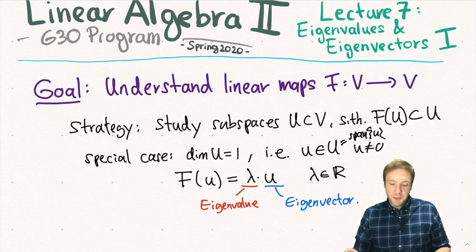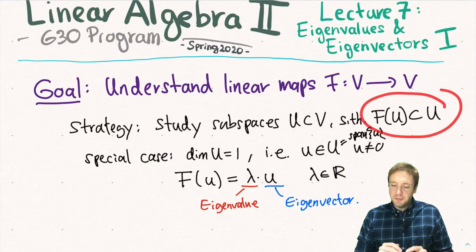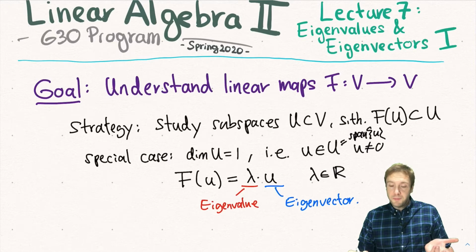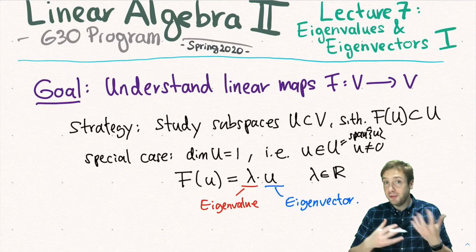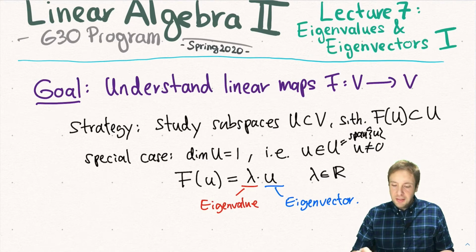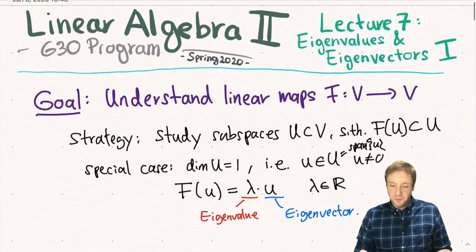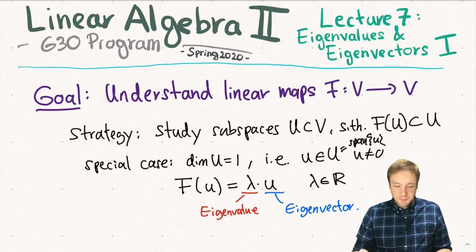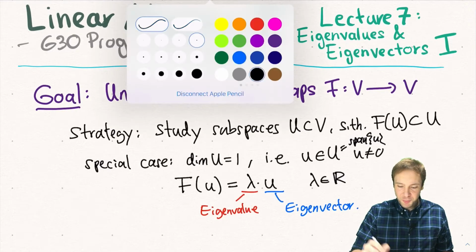We will see that it's quite interesting to understand the eigenvectors and eigenvalues of a linear map, and knowing these subspaces which are invariant under this linear map f can help us to understand what f is actually doing to the whole space. As I said, eigenvalues and eigenvectors appear in a lot of applications, for example in physics and computer science. But we will start now with the pure mathematics.